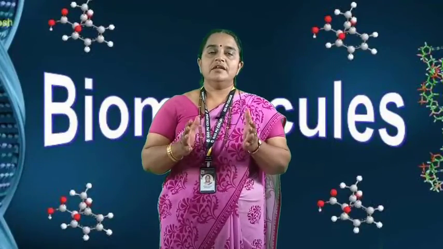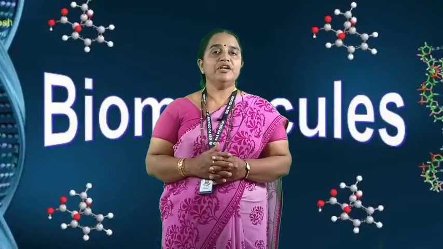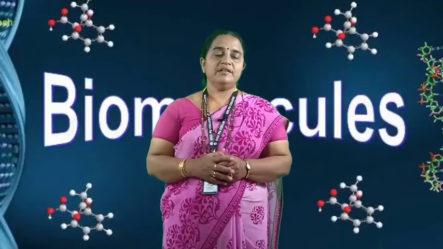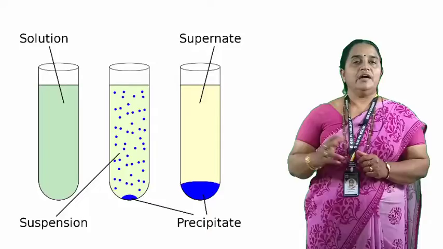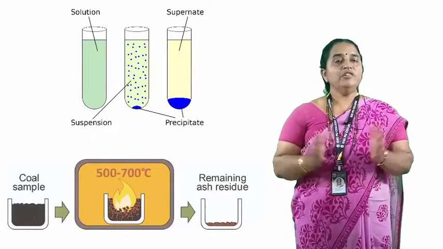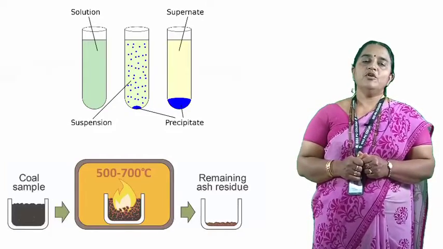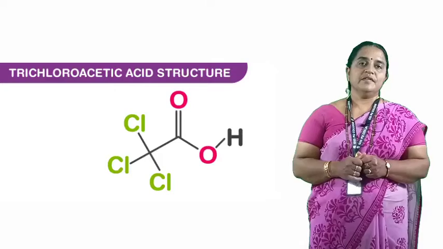When the tissue is given to you, how you can separate the biomolecules? There are two methods. One is acid solubility test and second one is ash analysis. In both these methods, the medium used is trichloroacetic acid.